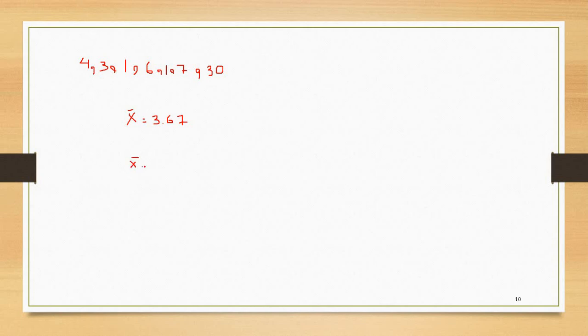It would be the sum of all the values divided by the total number of values, which will be 4 plus 3 plus 1 plus 6 plus 1 plus 7 plus 30, and this time we divide by 7 as we have added the number 30. So the mean is 7.43.